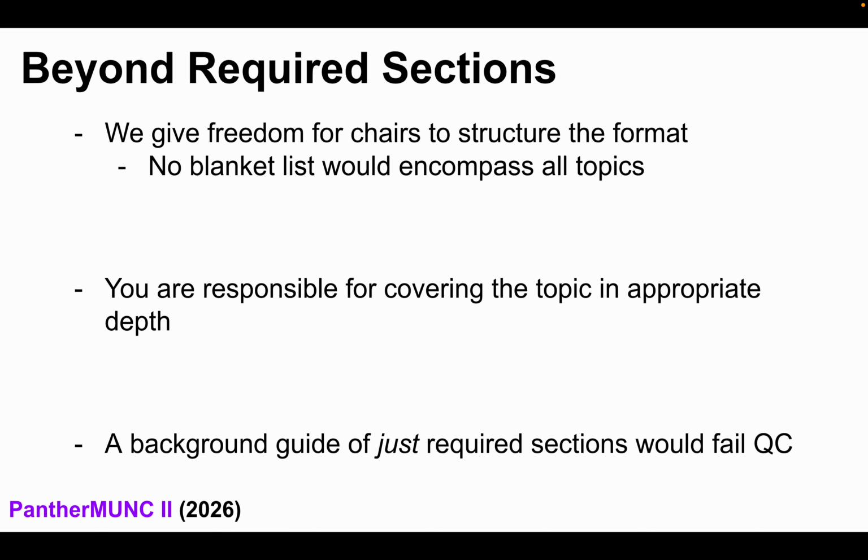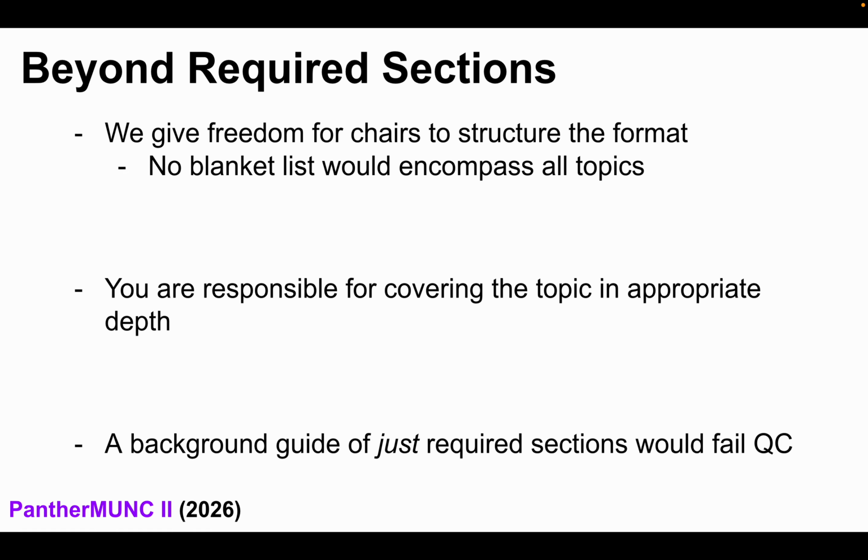Beyond the required sections, if you think that just doing the required sections would pass quality control, you would be mistaken. You need to cover the topic in the depth necessary. Again, we're reaching for that 10 to 11 pages of content. You really need to explain the topic, and just an introduction and a country list is really not going to cut it.